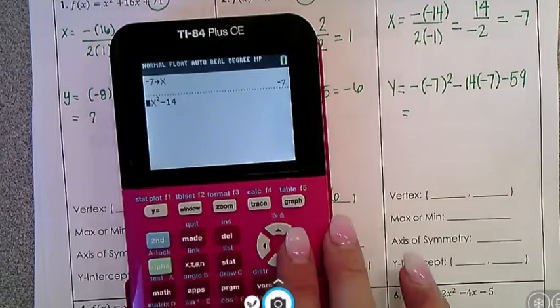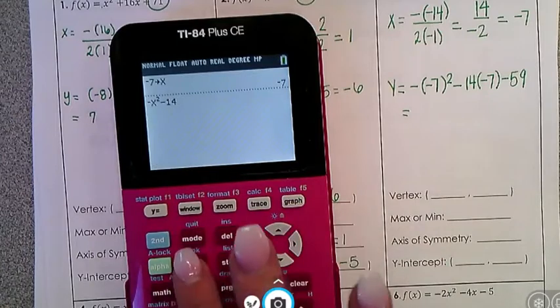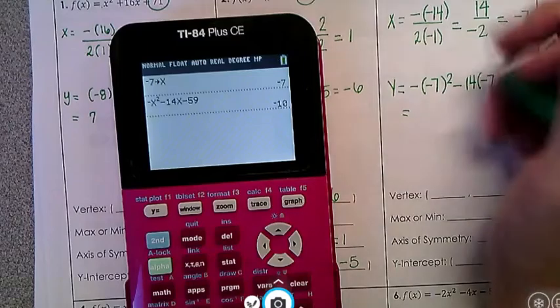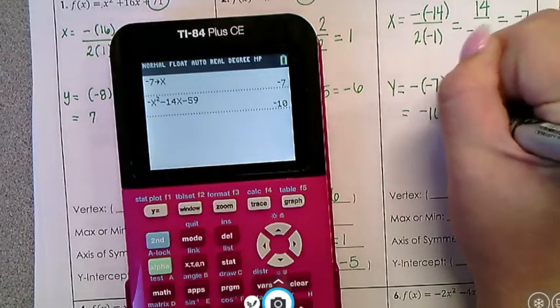And for the y value, we get negative 10.